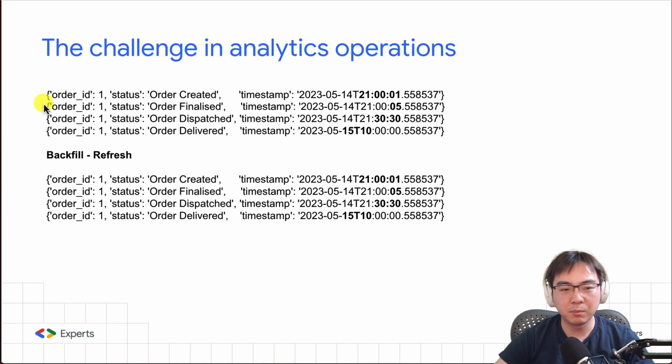Looking at this in a bit more detail, all I'm trying to explain here is you have already sent these four, but now you do a backfill or a refresh, and suddenly all of these four messages are sent to you again. Imagine you get the first one, and then there's a delay in PubSub for whatever reason. Your order could have been changed from order delivered into order created, and that's wrong.